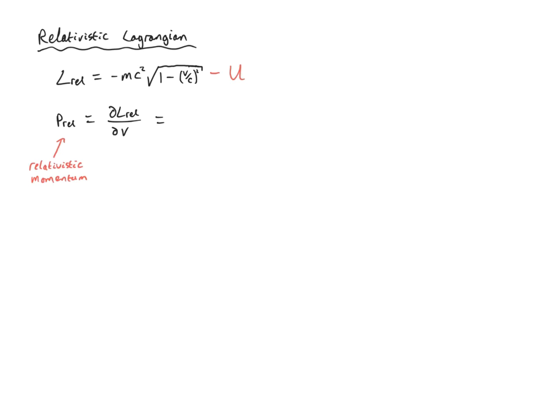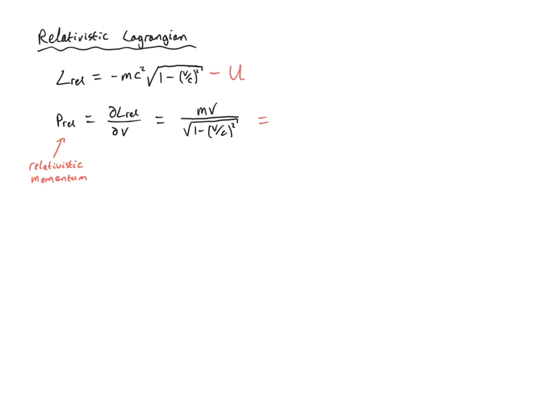We simply get m times the velocity over the square root of 1 minus v upon c squared. And I would suggest you try that yourself just to verify that you get the same result. And the interesting thing about this expression, of course, is that on the top here we have m times v, which is the non-relativistic momentum.